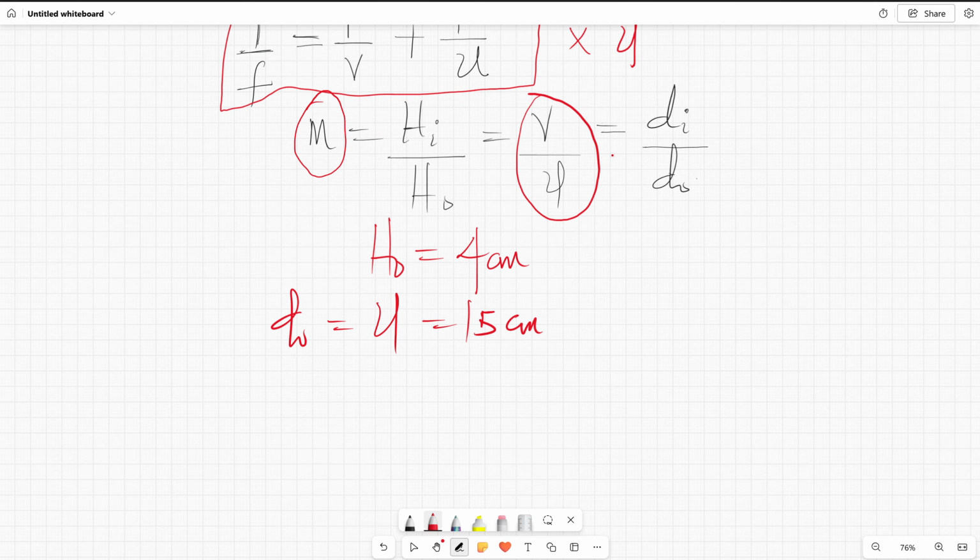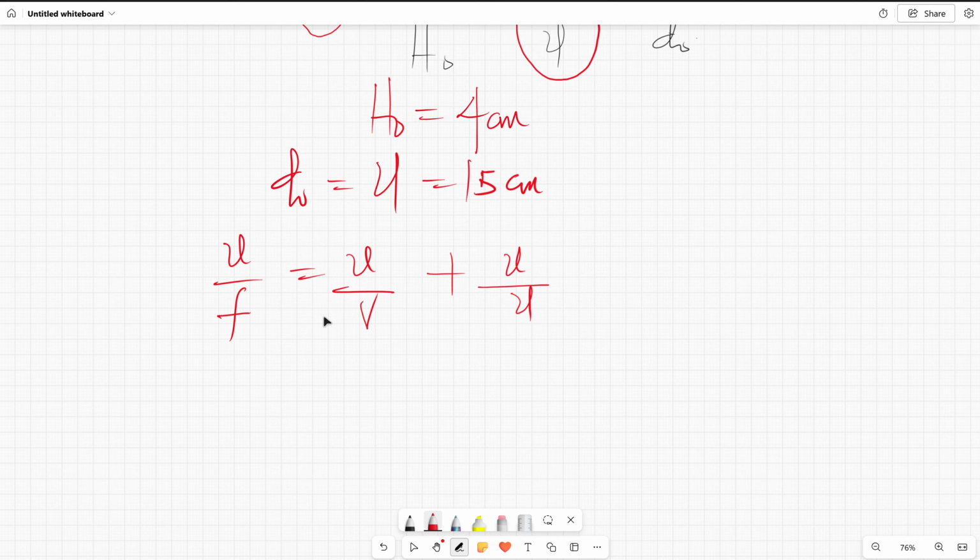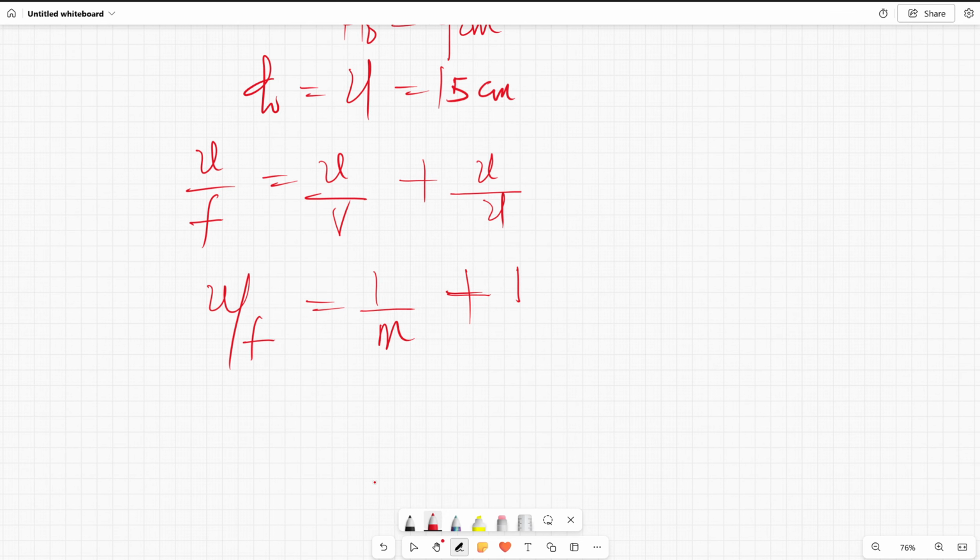So when I multiply through by u, that equation tends to be u divided by f equals u over v plus u over u. And that gives u over f equals, this will be the inverse of magnification, then you have 1 here, right? So u there, that is 15.